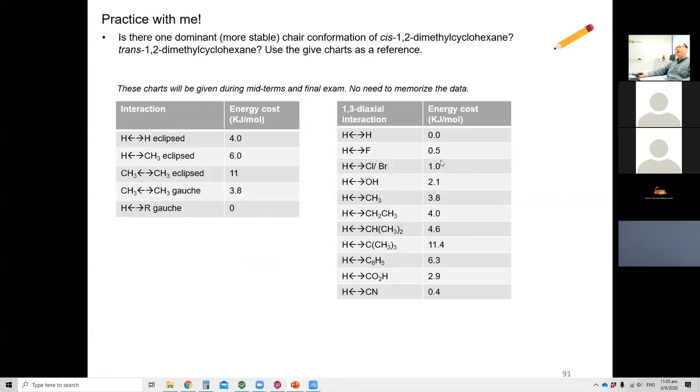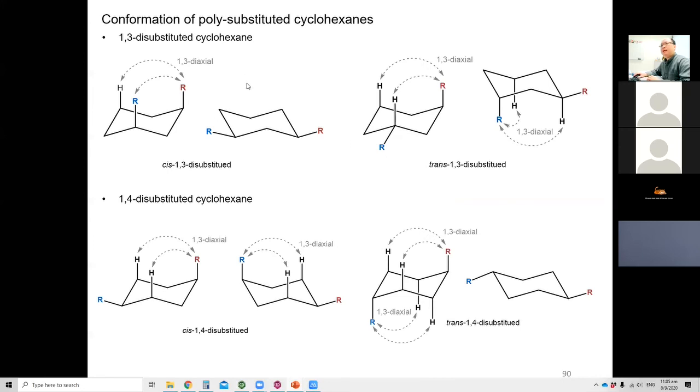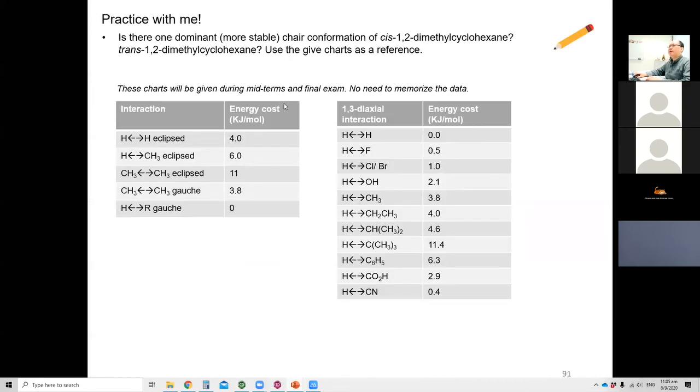Okay, so I talked about 1,3 and 1,4. So 1,2: let's do the exercise together. We have two compounds. The first one is cis-1,2-dimethyl. The second one is trans-1,2-dimethyl.